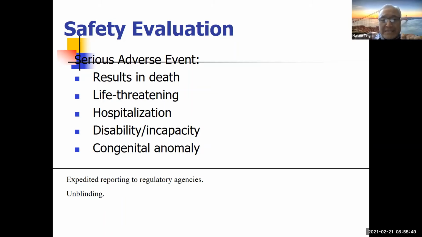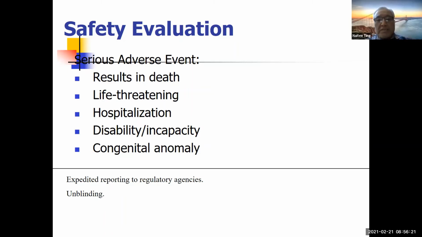Serious AE is not severe AE. That's fundamentally different. Serious AEs are events like those described here: results in death, life-threatening, hospitalization, disability, incapacity, or congenital anomaly. Whenever these happen, we have to expedite reporting to regulatory agencies on blinding. Whenever there's an SAE, we have to take immediate action.